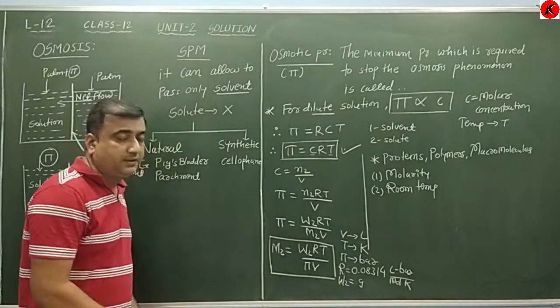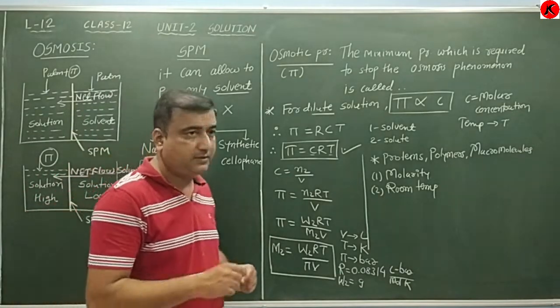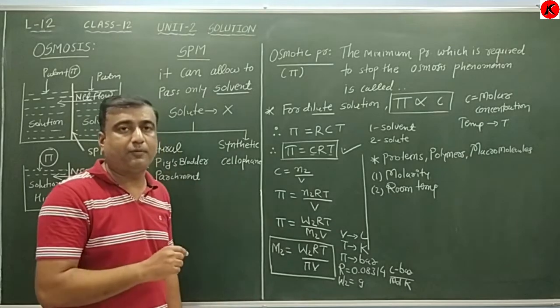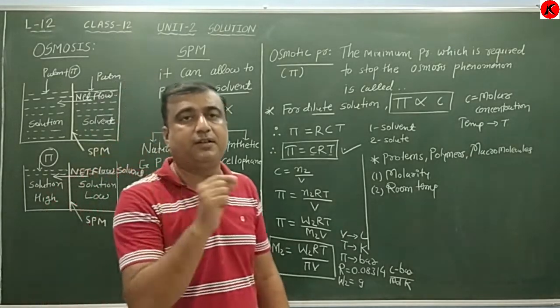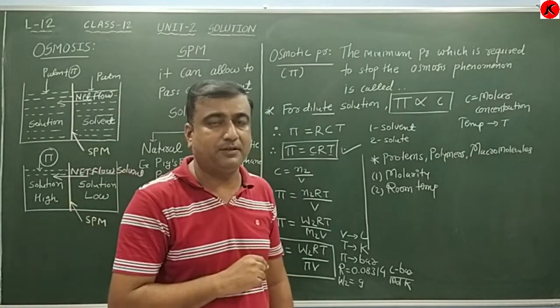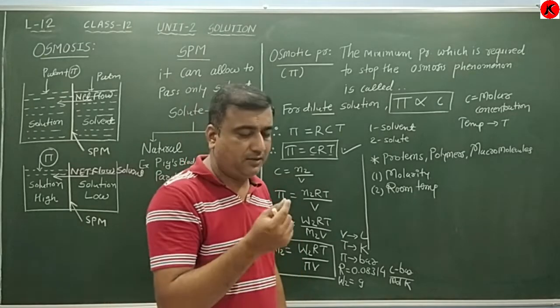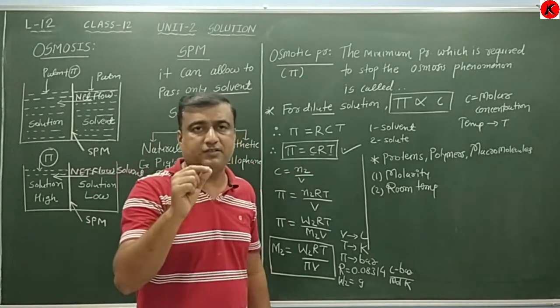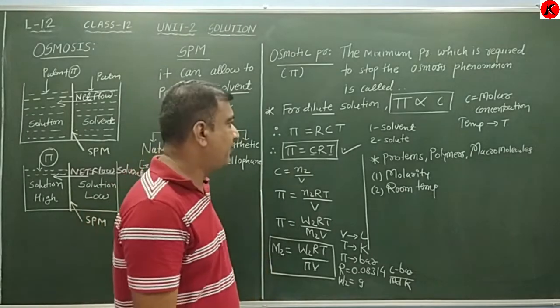Again, in other methods, the change in value of the colligative property, that means elevation in boiling point, depression in freezing point, or lowering of vapor pressure, is very low.